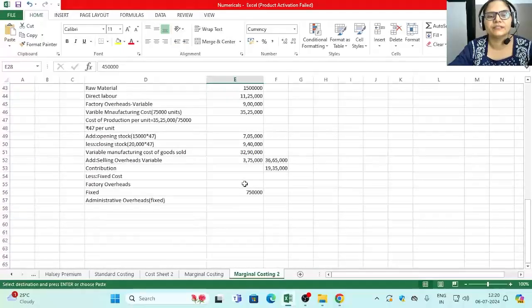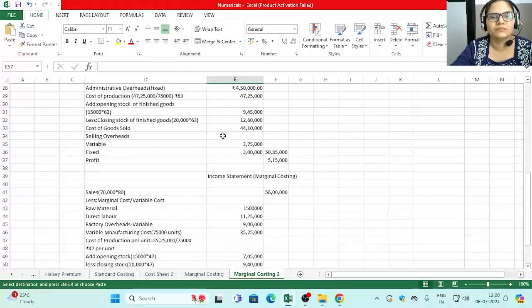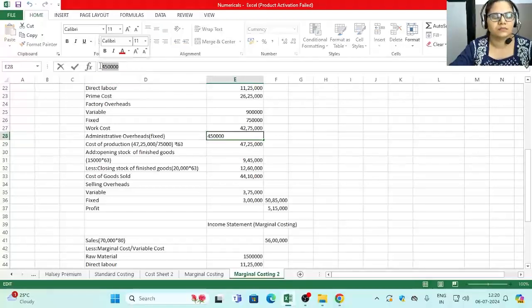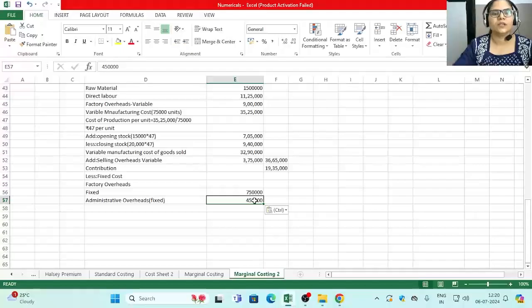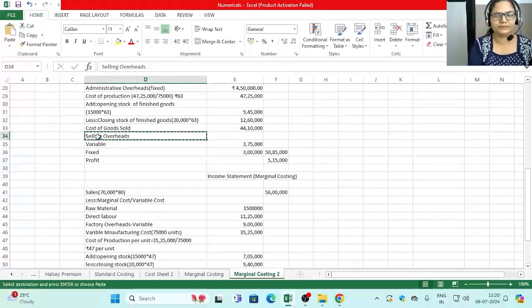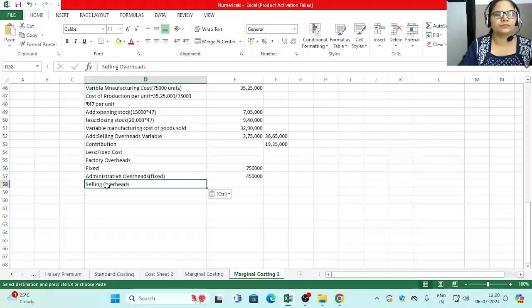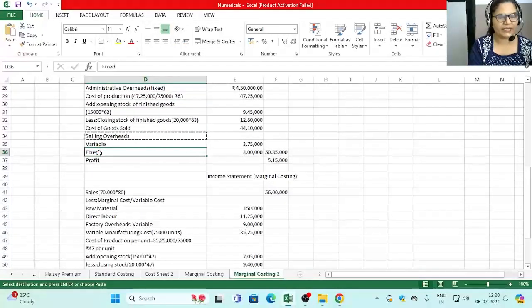There is no change in it actually. We will copy, Control C. Now, what is left is selling overheads. Selling overheads, we have fixed 3 lakh.